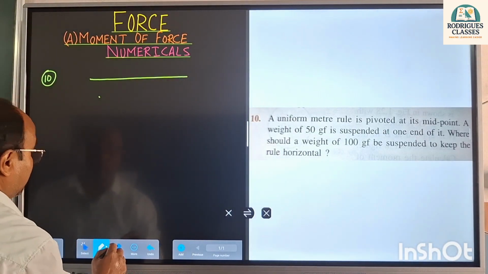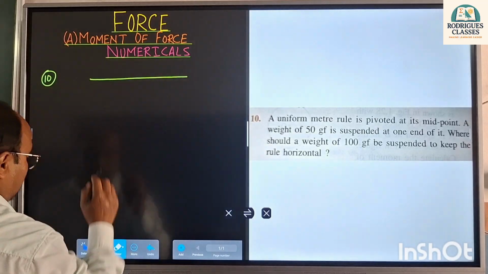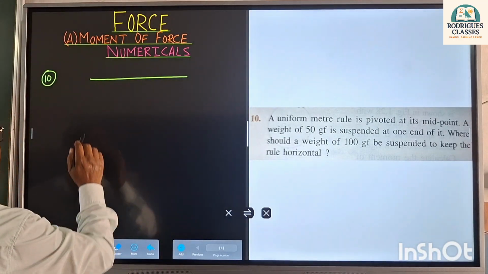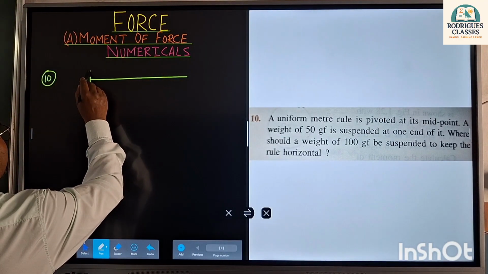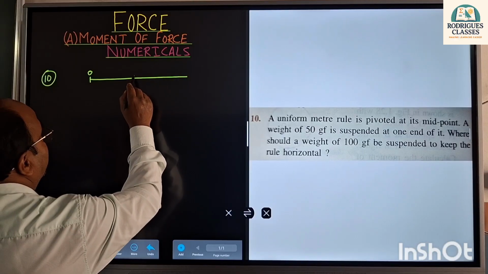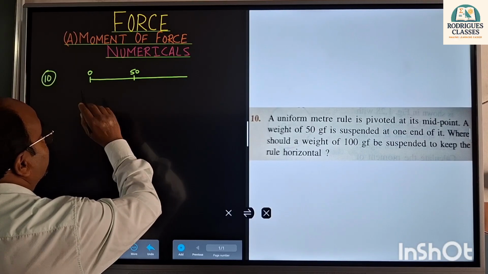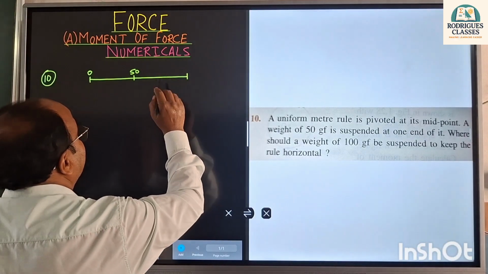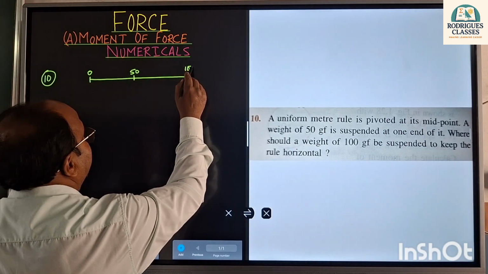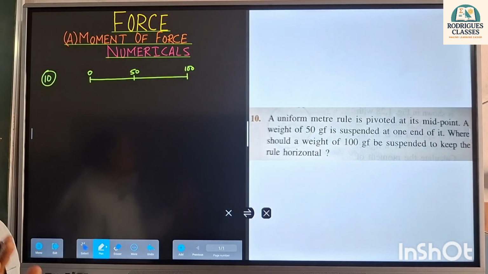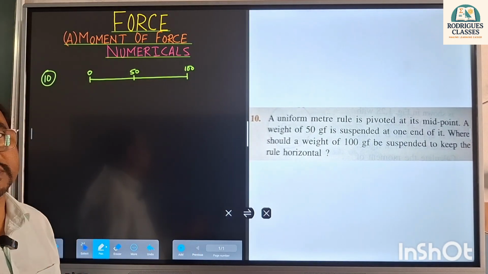This is our uniform meter rule. Whenever you get this, please remember to mark these points: the initial point 0, the midpoint 50, and the end point 100. Please remember to do this.